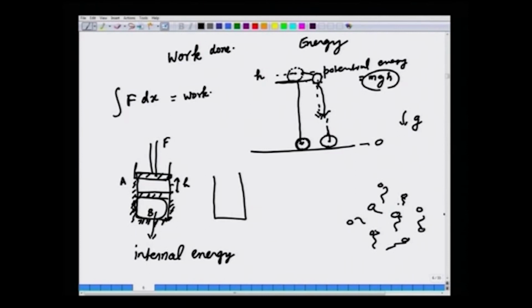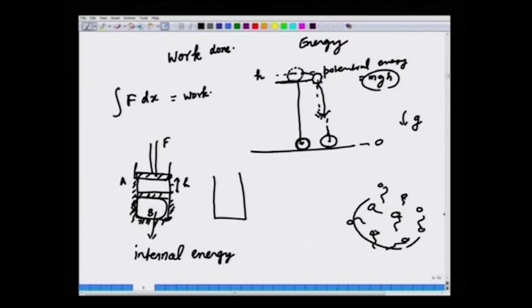Now, by compressing the gas, you have increased the kinetic energy of motion of the molecules. Okay. And from elementary kinetic theory, which you must be familiar with from physical chemistry or physics courses, you know that this translational kinetic energy of the gas is related to the temperature of the gas.